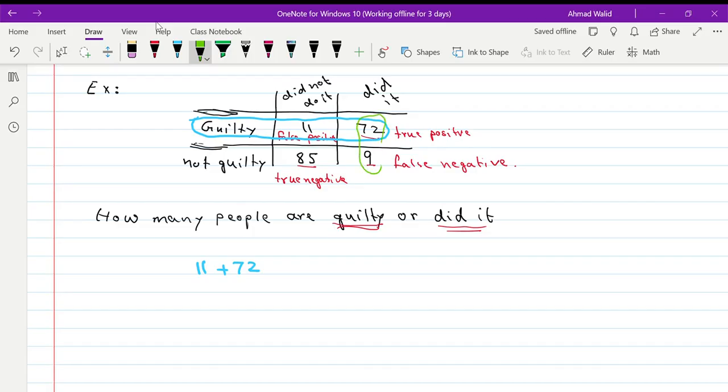This column is 72 plus 9. And if I total this, 72 plus 72 gives you 144. 144 and 11 gives you 155. And 9, 164.